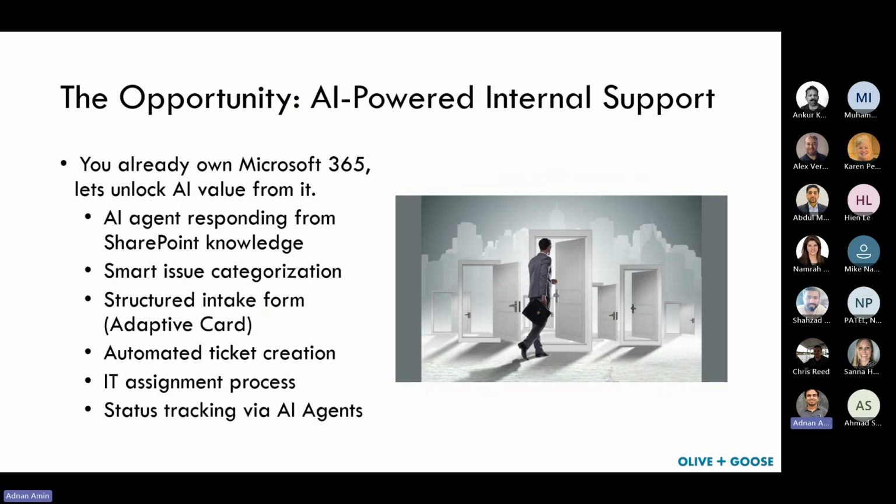Now imagine a different experience. Instead of emailing IT, an employee interacts with an AI-powered support agent. The agent can instantly answer questions from the SharePoint knowledge base, suggest solutions to common issues, ask clarifying questions, and collect structured input from the user, and the agent can automatically create the support ticket and provide real-time status updates, which are not possible in the manual process.